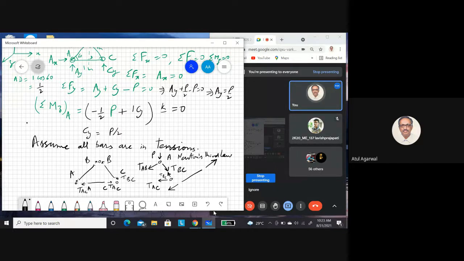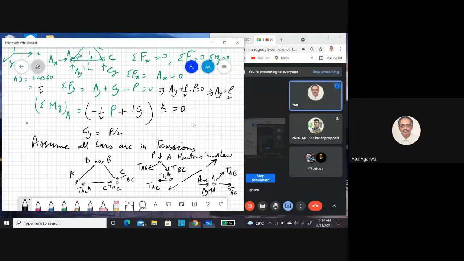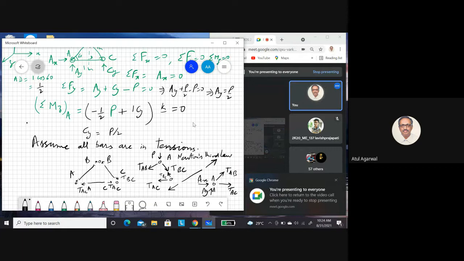Similarly, at point A, if I draw it here, there is a force TAC, TAB. Then there are forces from the support. So this is pin A. Any doubts? Any questions? If somebody has a question, ask.